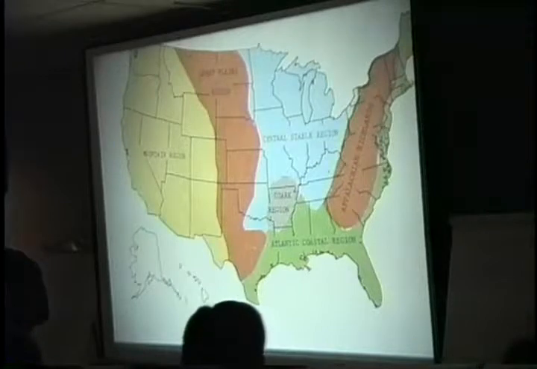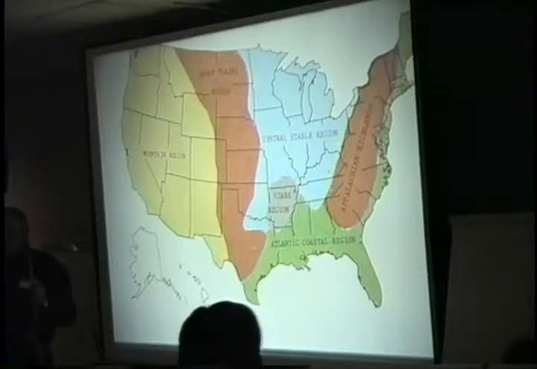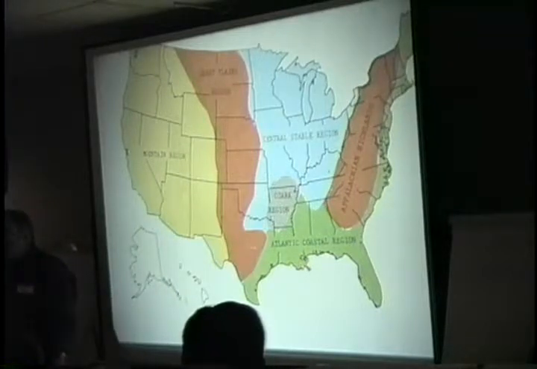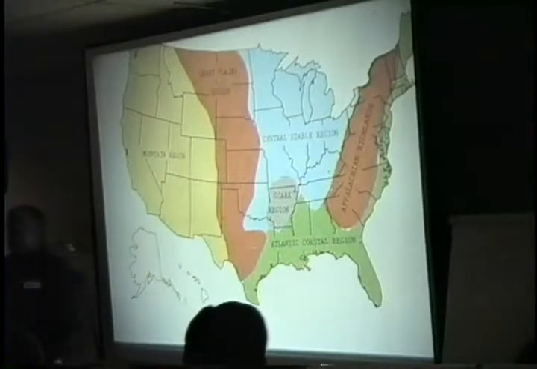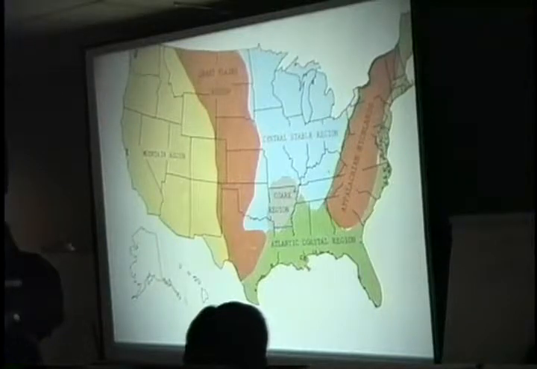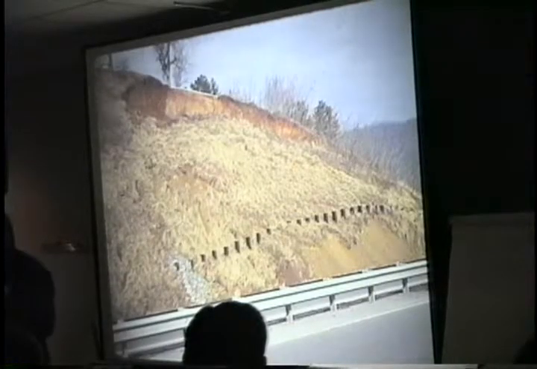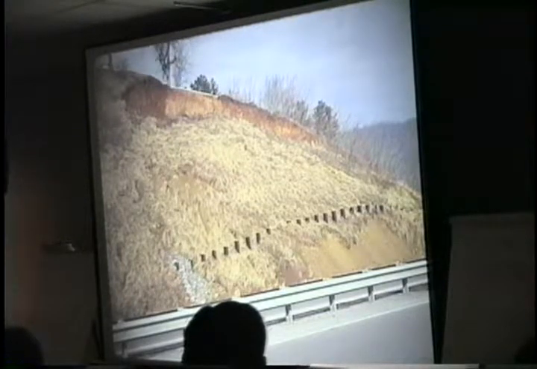Okay, this workshop was developed to address all of the geological landforms on a nationwide basis. So we're going to cover different aspects here with emphasis on the landforms and geologic conditions that you guys have here in Ohio. So we're going to be talking about slope failures.